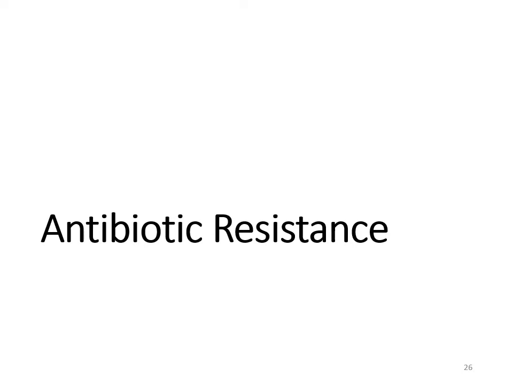Now, the big fact that I want you to remember when it comes to antibiotic resistance, the thing that is causing this resistance problem, is killing off normal flora. Okay, that's going to be the constant message that you get throughout all of these slides.